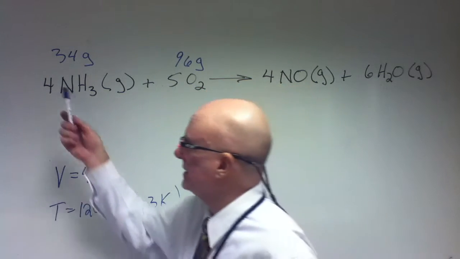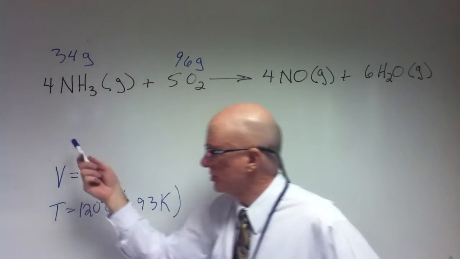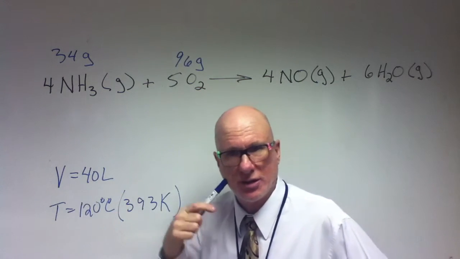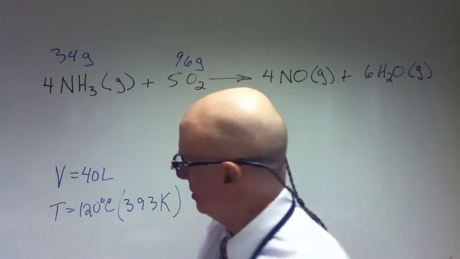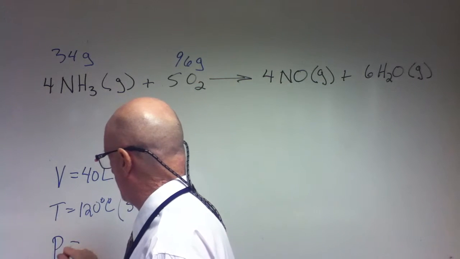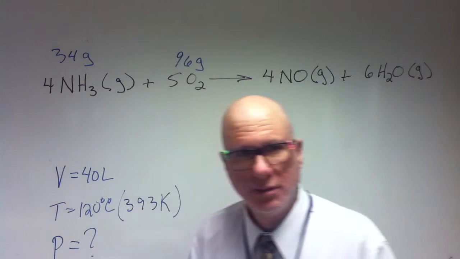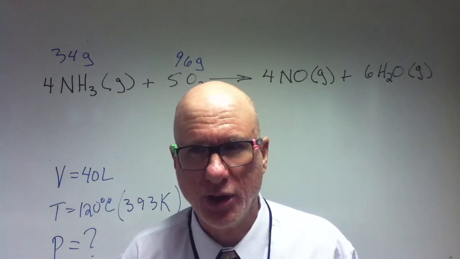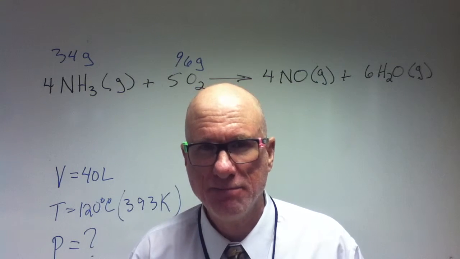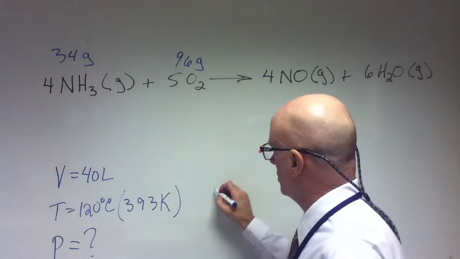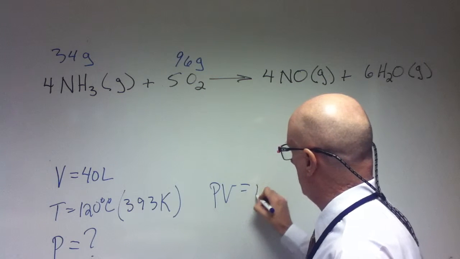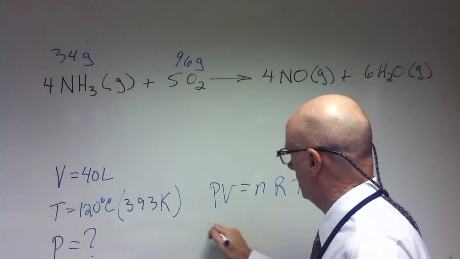We have masses, moles, volumes, temperature. They want to know the pressure. So what do you think we're going to use? Any ideas? Well, what about this equation? PV equals nRT.